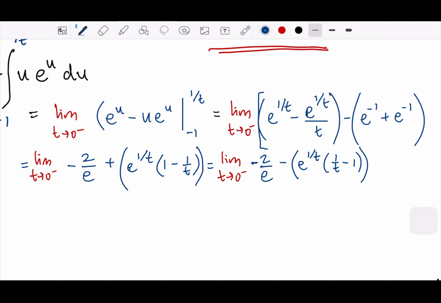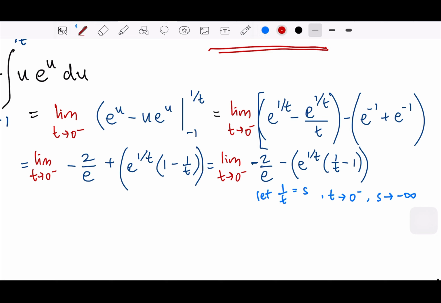Well, if you take this inside here, but I would like to make this more simplified so that we can observe clearly. So let's say we are going to take this 1 over t. So we let this 1 over t become another variable s. Okay. So when t is going to be 0, this s will be going to negative infinity. Remember, the 0 is from the left. So for 1 over t, that will be negative infinity.